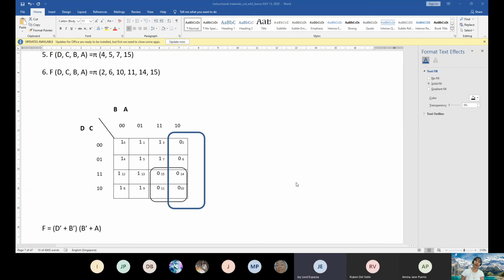Hindi mo na pala matandaan eh. Hindi ko alam kung anong scope ng computer fundamentals eh. O dapat pala ma-perfect mo na exam ko dahil meron ka na palang background dito, 'di ba? Hindi naman po, ma'am.